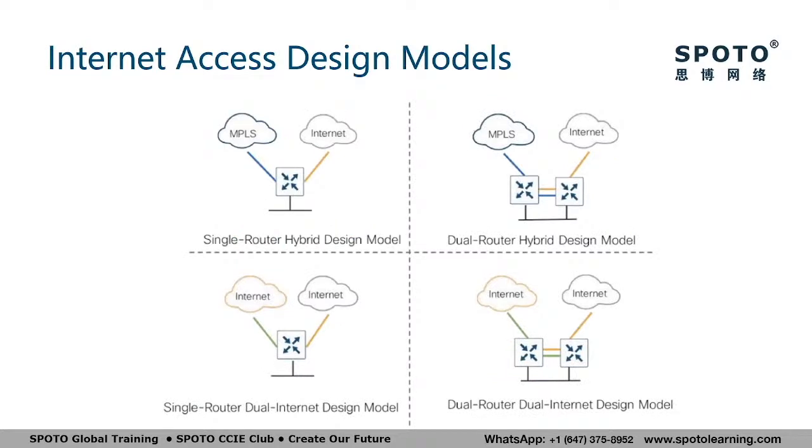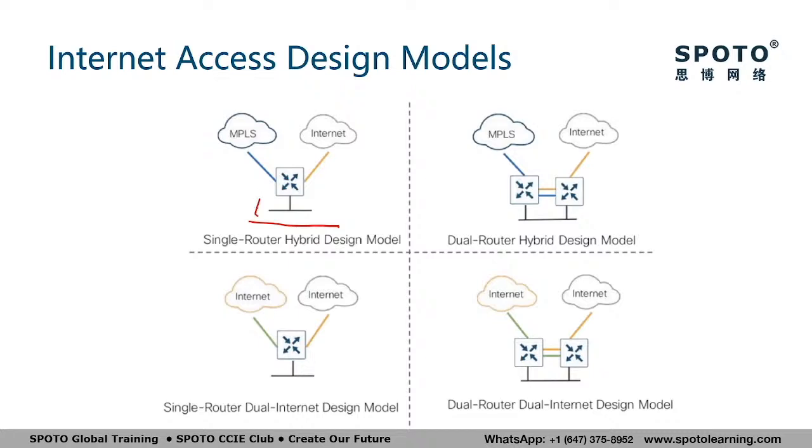For the internet access design models, usually we have 4 types. For small business, for example, a remote branch has about 5 people, let's say, we can use this single router hybrid design model.